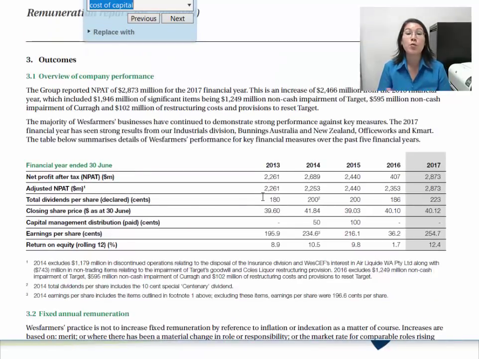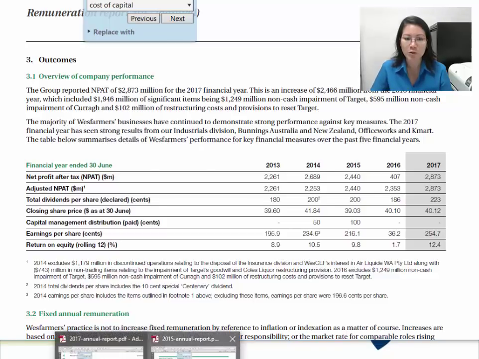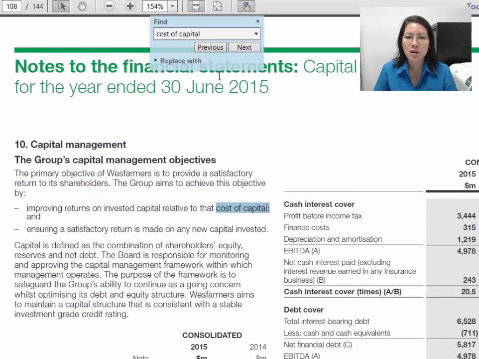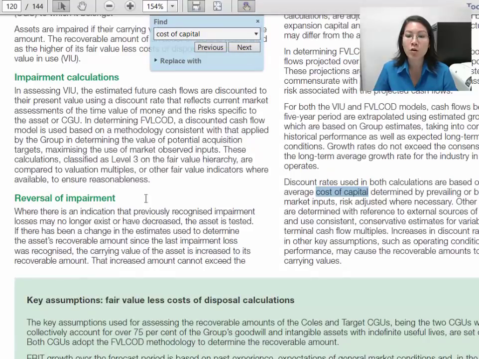So just have a quick look in your company's financial statements. Actually, before I move on, let me have a look at my 2015 report and see if it shows me anything in there. Cost of capital. Now, it might not always be called cost of capital, actually. Even though the weighted average cost of capital is the general term, with the smaller companies, or the more foreign companies, they may not actually call it a weighted average cost of capital.